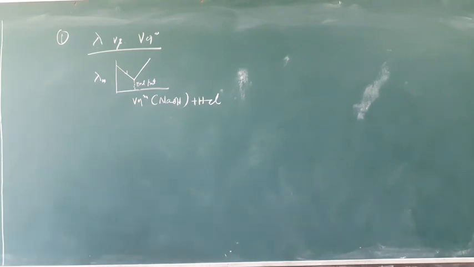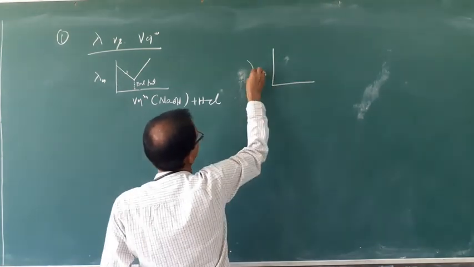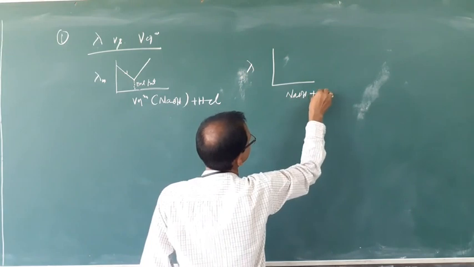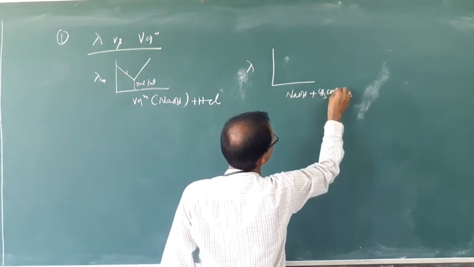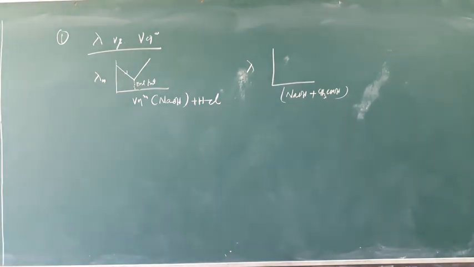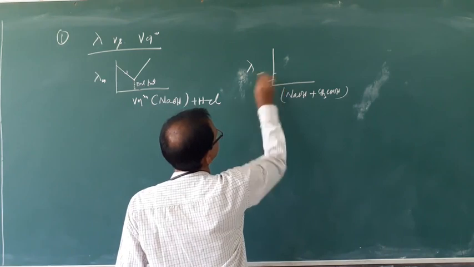If you take one weak acid, let it be acetic acid and NaOH. When you take acetic acid, as acetic acid is a weak electrolyte, conductance is very less.